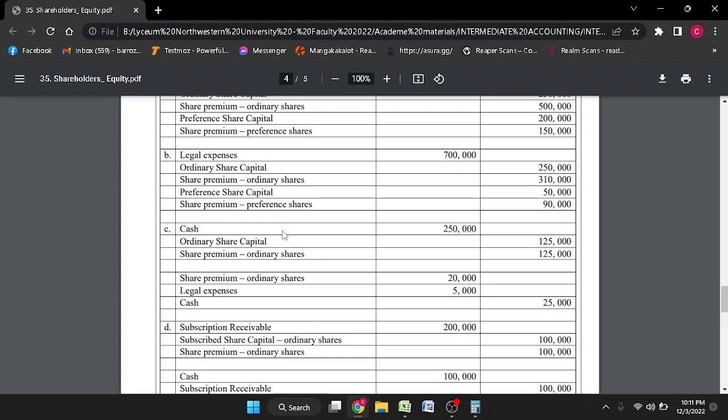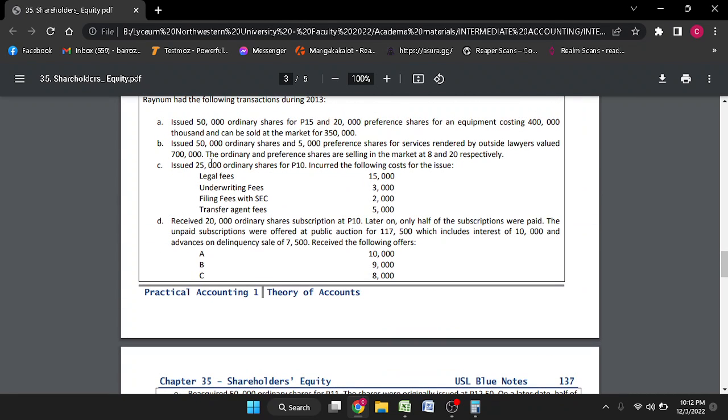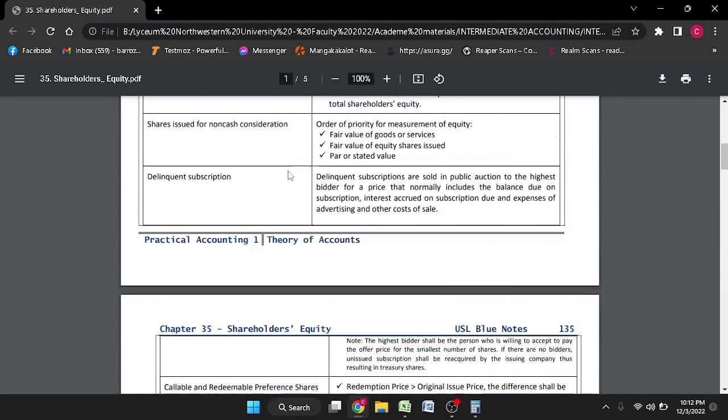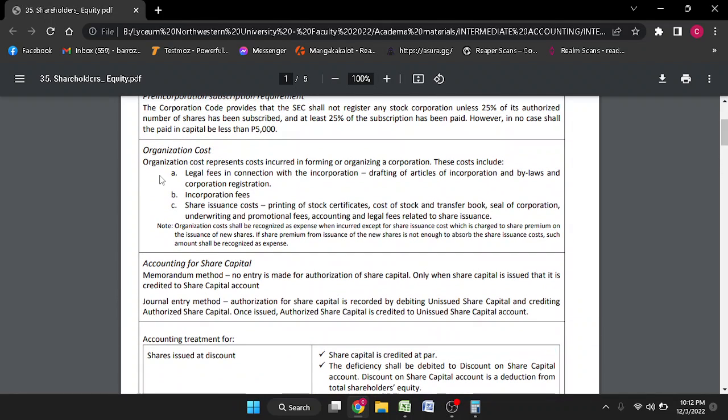Okay, moving forward. Issued 25,000 shares for 10 pesos, incurred the following costs for issue: legal fees, underwriting fees, filing fees with SEC, transfer agent fees. These fees have all been tackled in the above topics, that these are the share issuance costs.